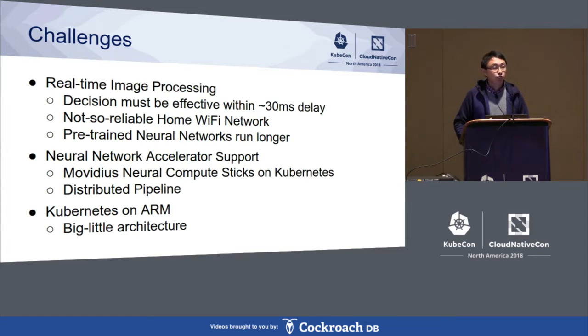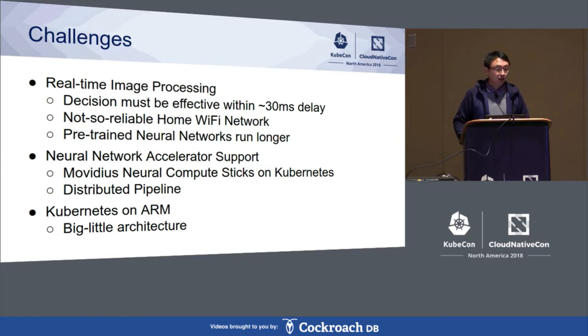Because of the tiny cluster, I don't have enough computing power to support neural networks, so I have to use external neural network accelerators like the Movidius neural compute stick. And we need some additional work to make that work on Kubernetes.